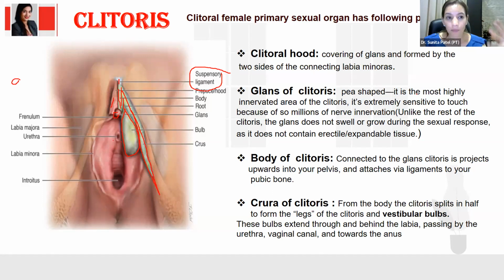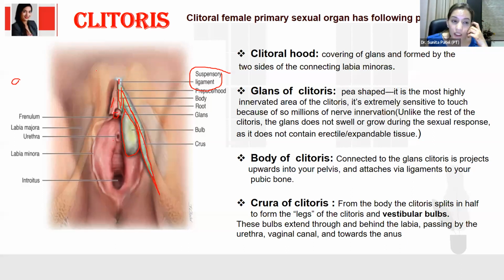Some females can complain sometimes that they have some kind of deeper pain around the pubic symphysis. They might also tell you that during the sexual arousal stage, whenever they are into sexual activity, they have some kind of pain around the pubic region. That might be because of some trigger points present in the pelvic floor muscles.